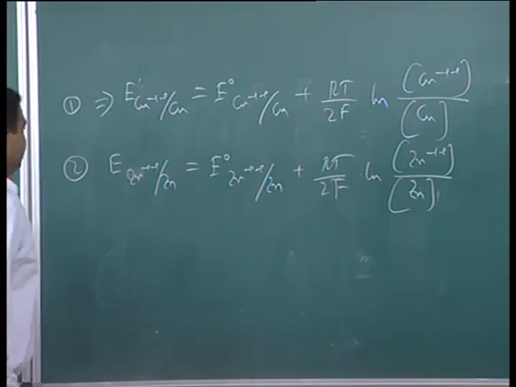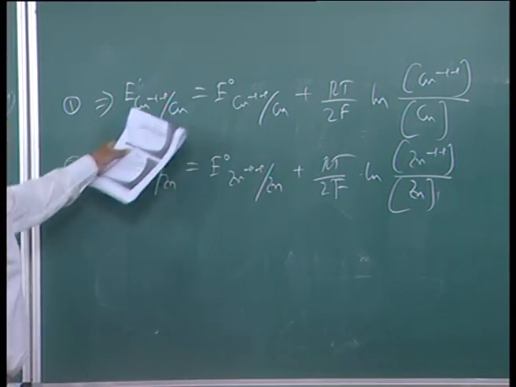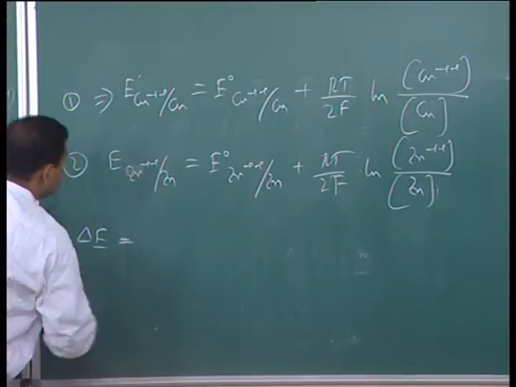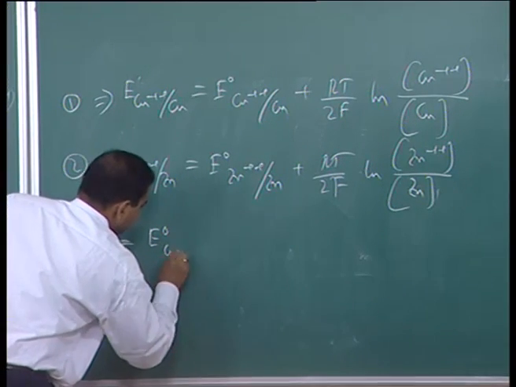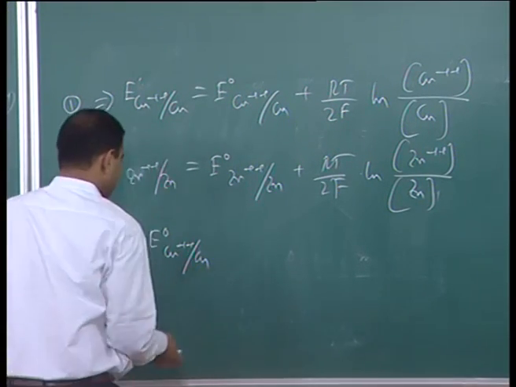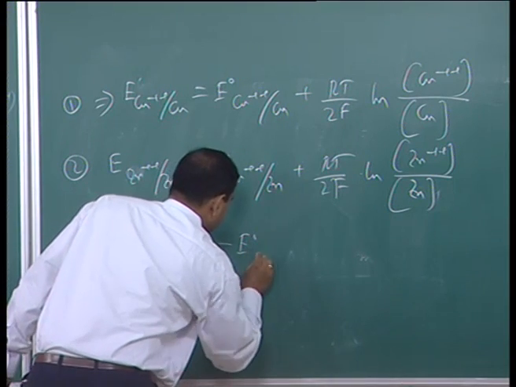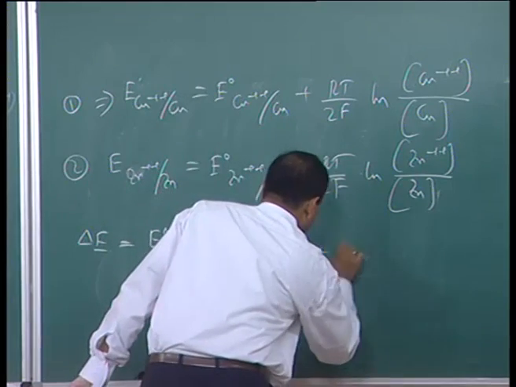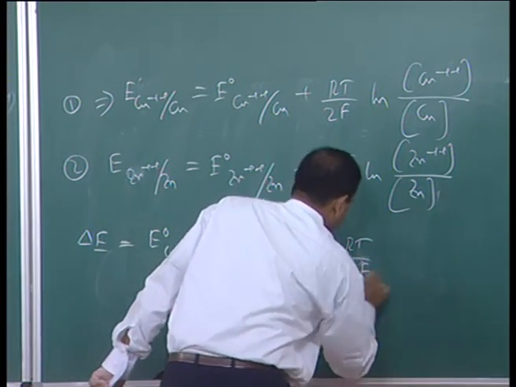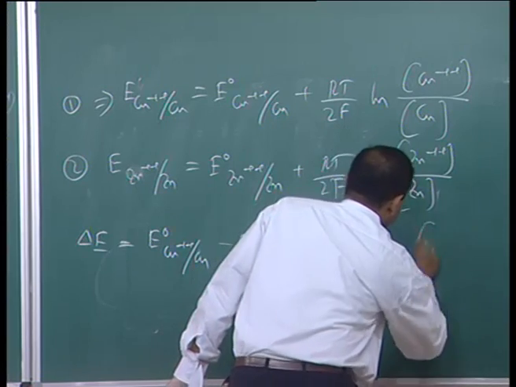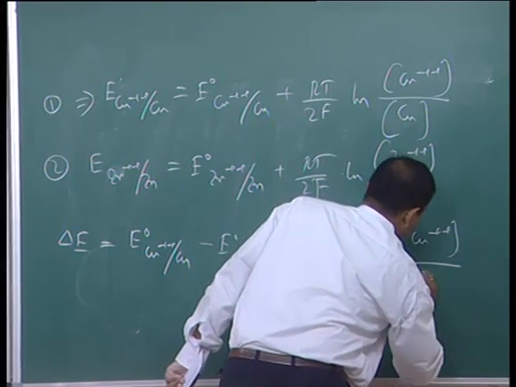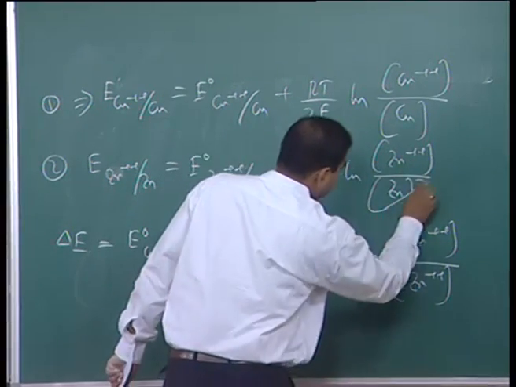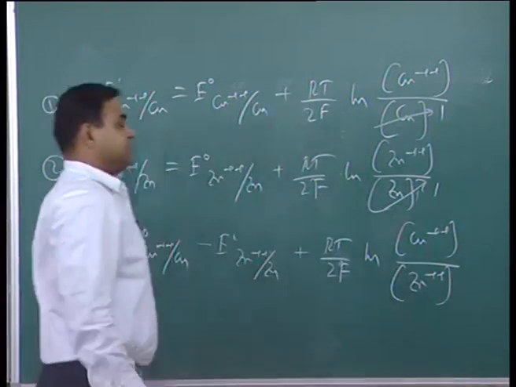Let us say we have this reaction. In that case, what would be my cell potential? Delta E would be equal to E0 Cu plus plus/Cu minus E0 zinc plus plus/Zn plus RT/2F Ln of Cu plus plus over Zn plus plus. Since these are 1, the metals are in metallic condition.